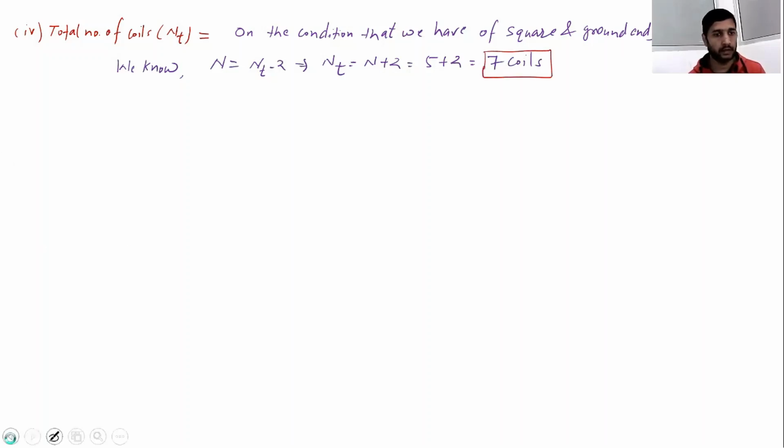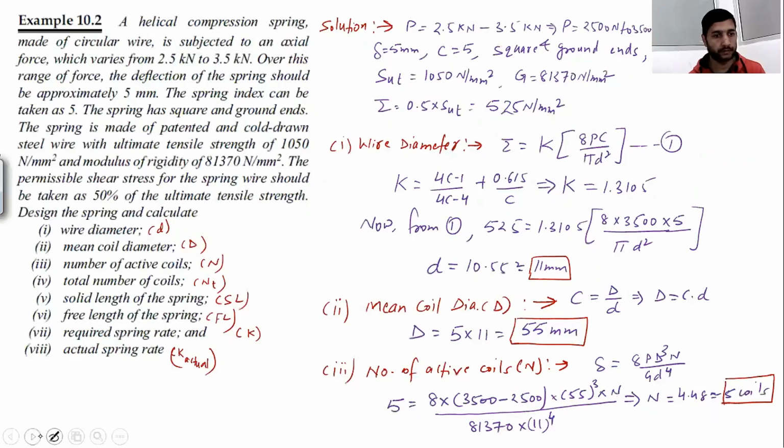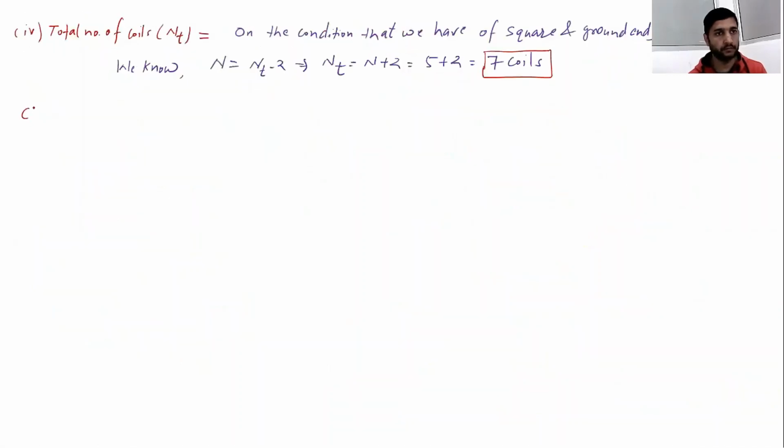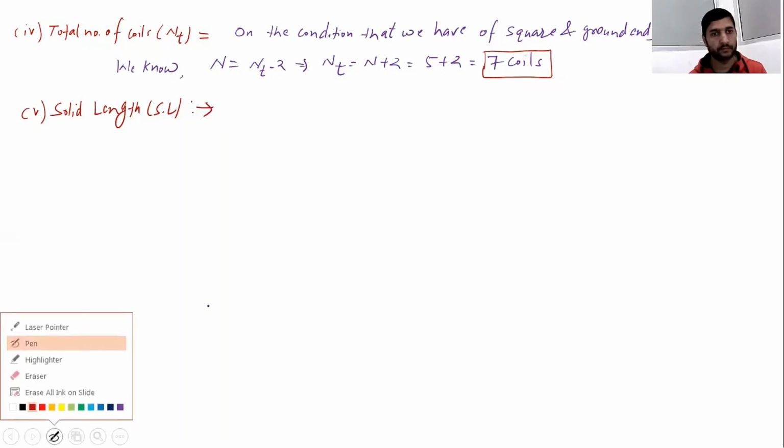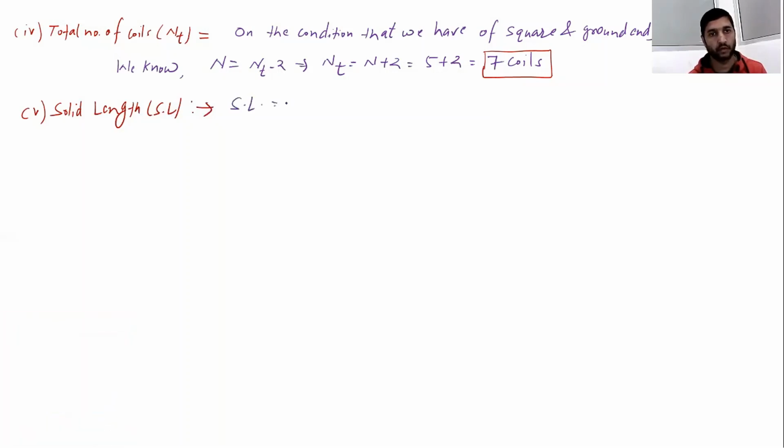And next we need to find out the solid length. We know solid length as total number of coils multiplied by wire diameter will be the solid length. And what is solid length?